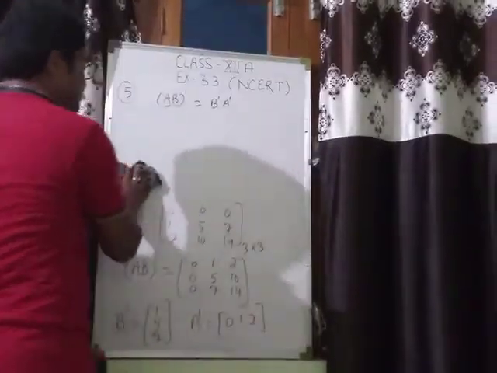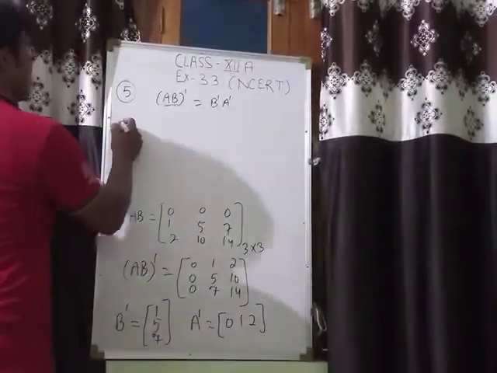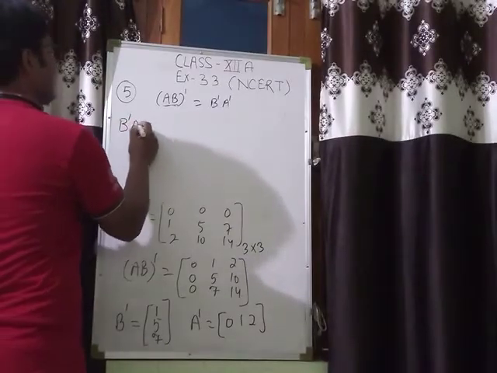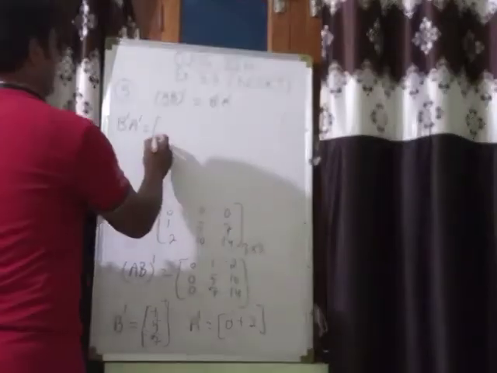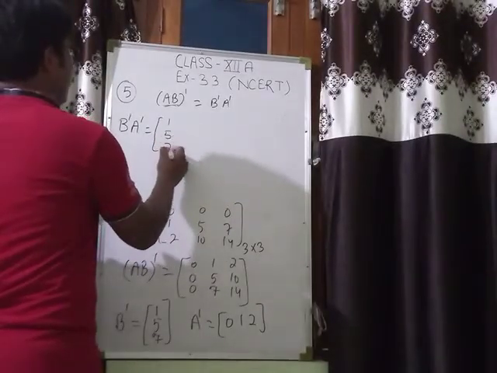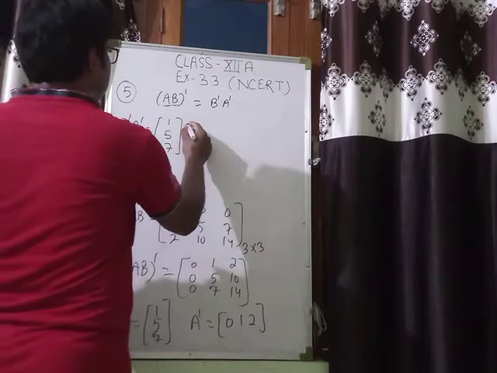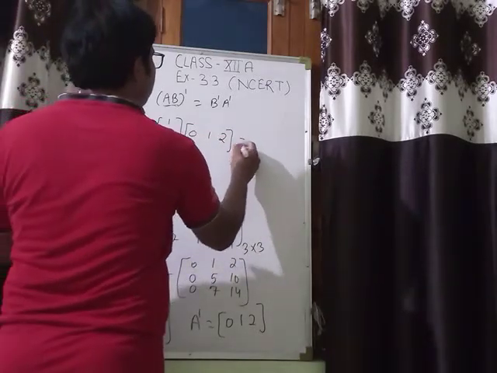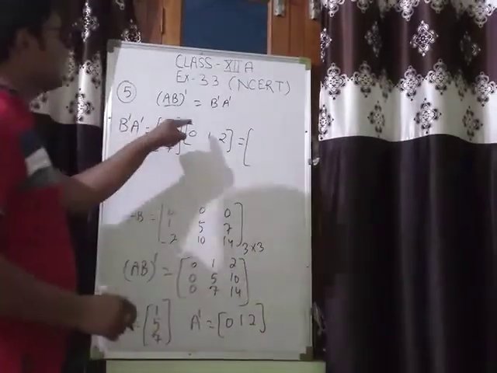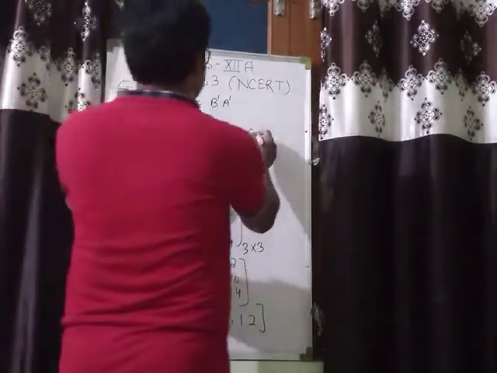See, that is B transpose into A transpose. So B transpose is here. B transpose is 1, 5, 7, and A transpose is 0, 1, 2. So their multiplication will be, see, first row first column 1 into 0, 0.